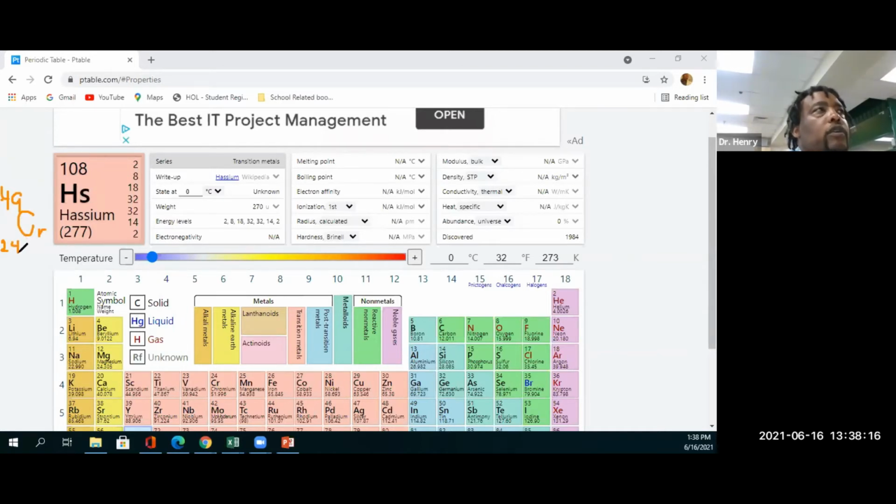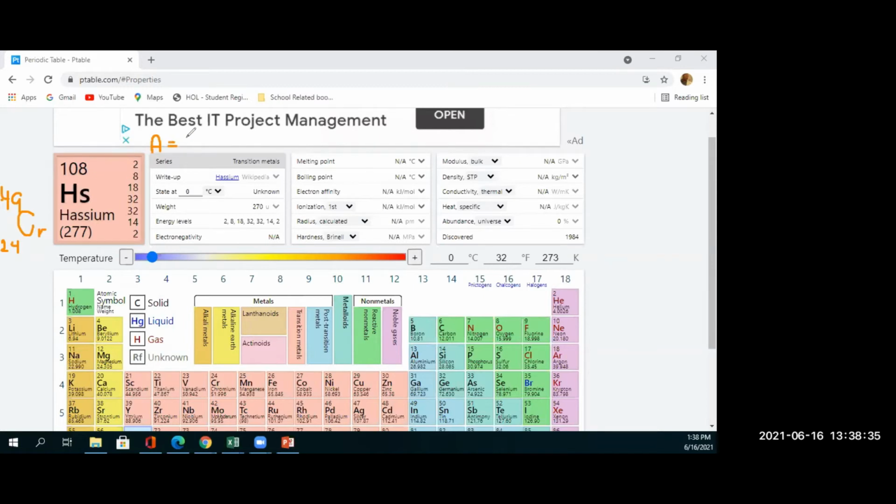Okay, chromium 49. What is the mass number of chromium 49? A stands for mass number. 49.